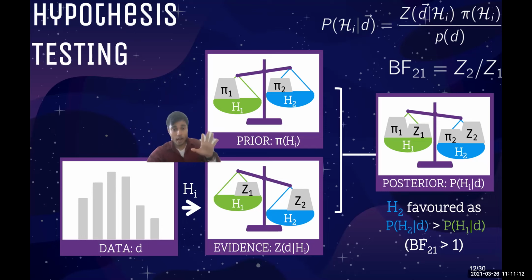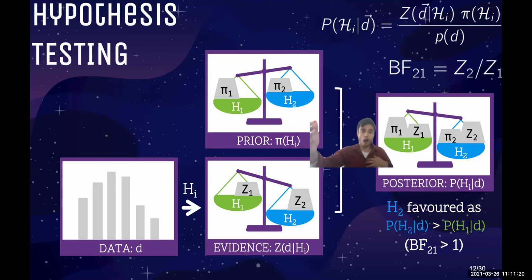Combining the prior and the evidence together, we can build what's known as the posterior, which gives us the true belief in our hypothesis given the data. We can use this posterior probability to understand which hypothesis is favored. In this case, with the prior and evidence, hypothesis 2, the blue hypothesis, is heavier than the green hypothesis, so hypothesis 2 is being favored.